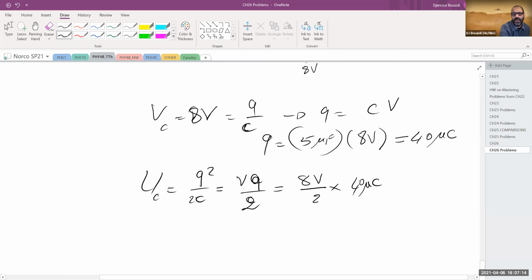Okay? Because Q over C is V, and that's 8 volts. So you'll be left with another Q divided by 2. So you have 4 times 8, that's 32, 320 divided by 2, that is 160 microjoules. So that's how much energy is stored so far in the capacitor, okay?